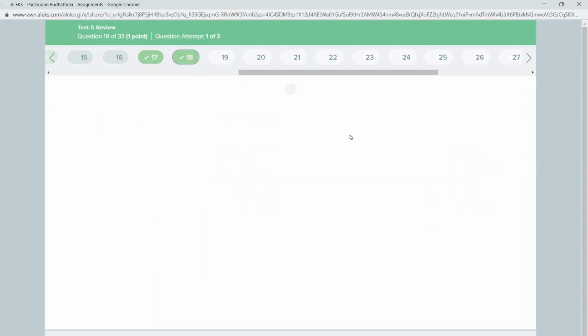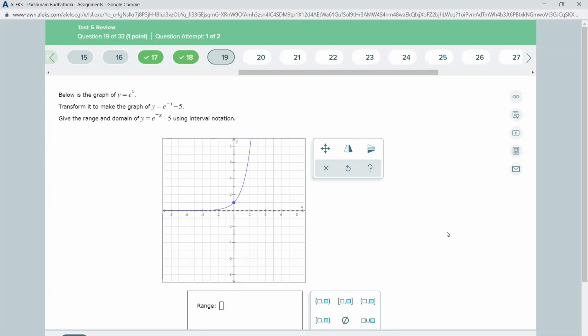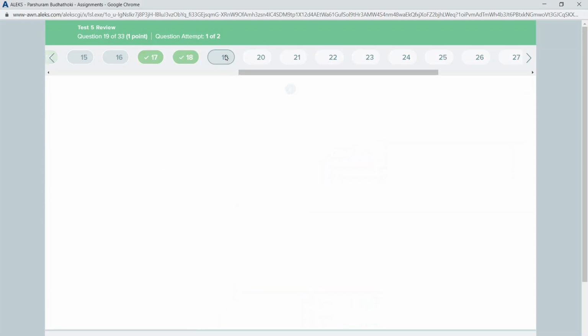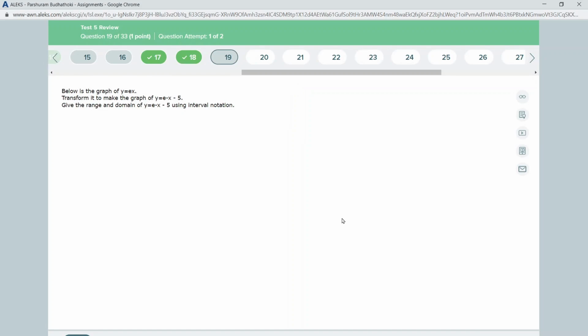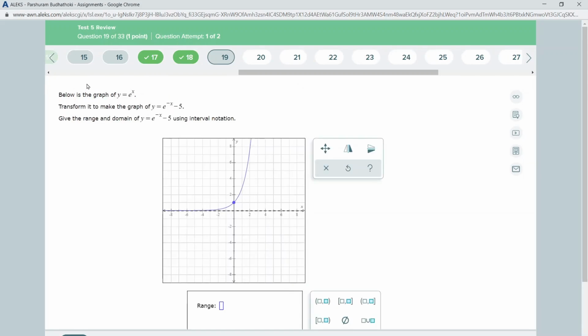Great. Okay, problem 19. Oh, the graph is given. You want to use the same graph and apply the transformation.